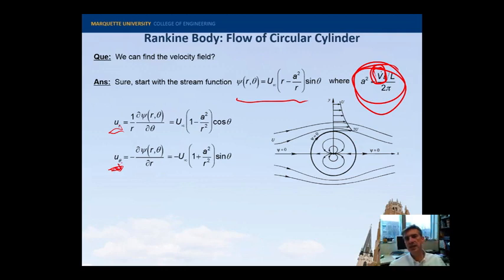So theta is equal to 90 degrees. The sine becomes 1. And as we will show in a minute, the radius of this cylinder is this r. So this would become 2r times u infinity. So we get the magnitude 2r u infinity. All right.